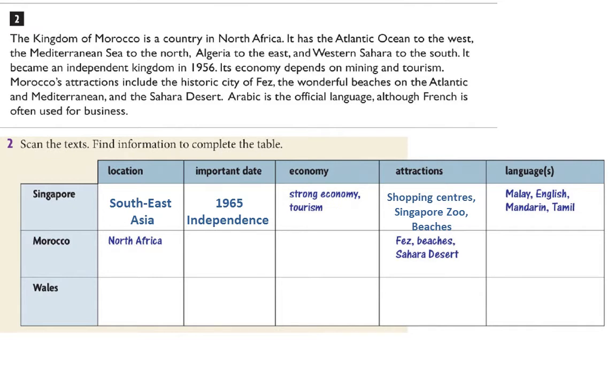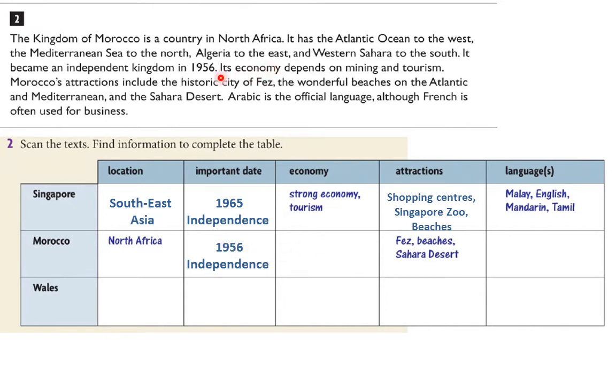Regarding the date, we can see there is a date in the middle of the paragraph. So let us check the sentence that contains the date. It became an independent kingdom in 1956. Again, the date is about the independence. So 1956 is the date of the independence of Morocco.